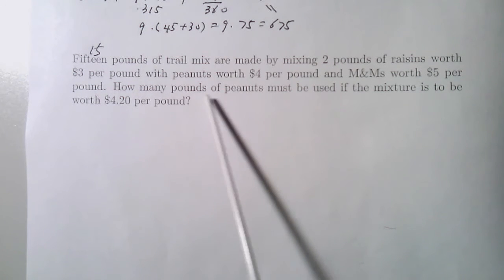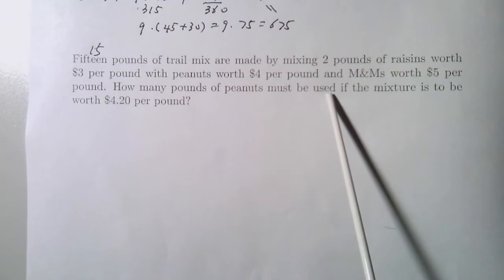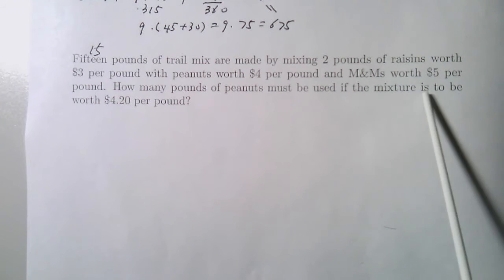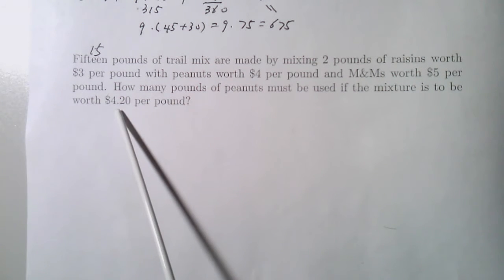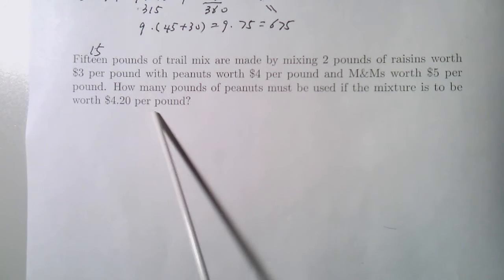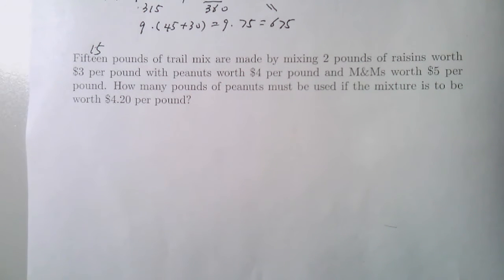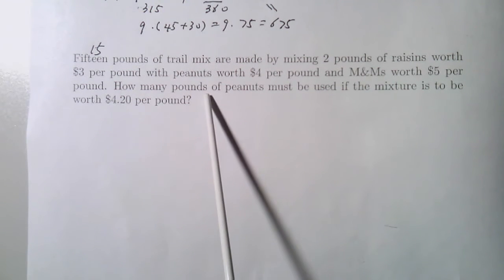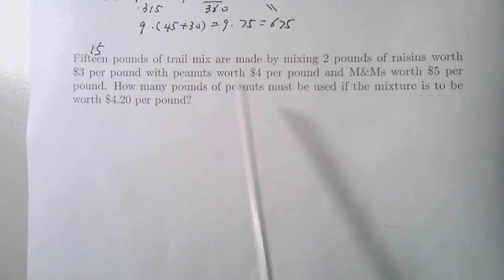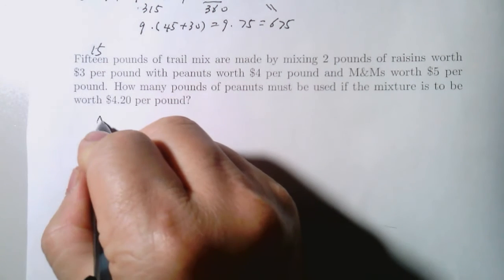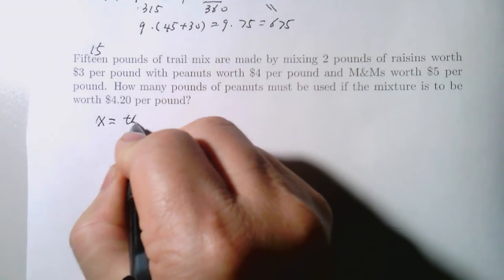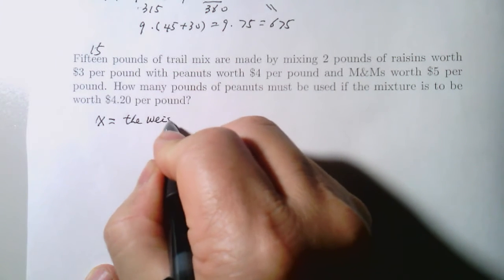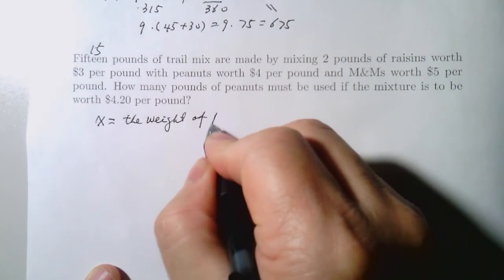How many pounds of peanuts must be used if the mixture is to be worth $4.20 per pound? Because it asks how many pounds of peanuts, we're going to say X pounds of peanuts. So here X equals the weight of peanuts.